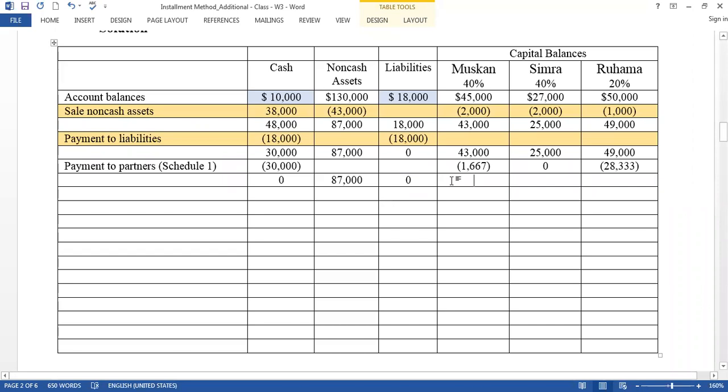It is 41,333. Here is $25,000 capital balance remaining. And here is 2,667. 2,667 is the remaining balance, right?